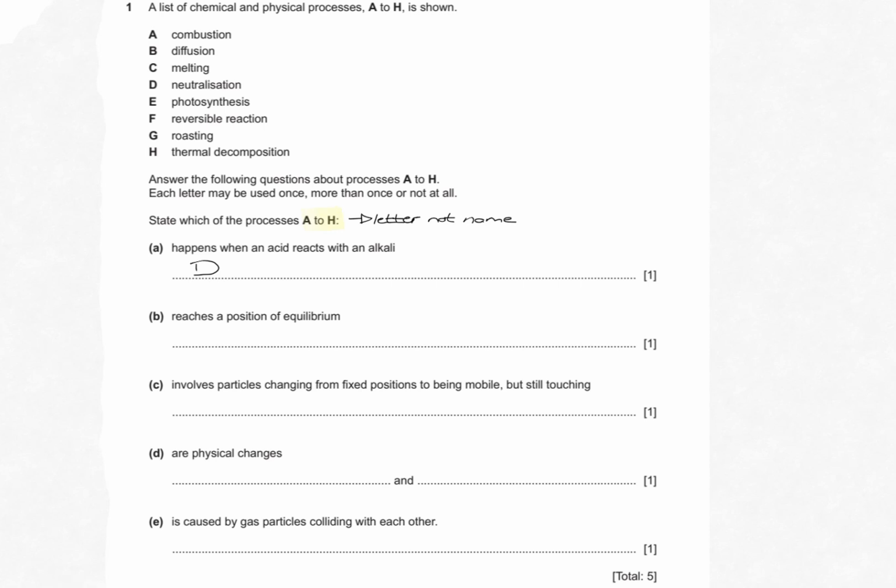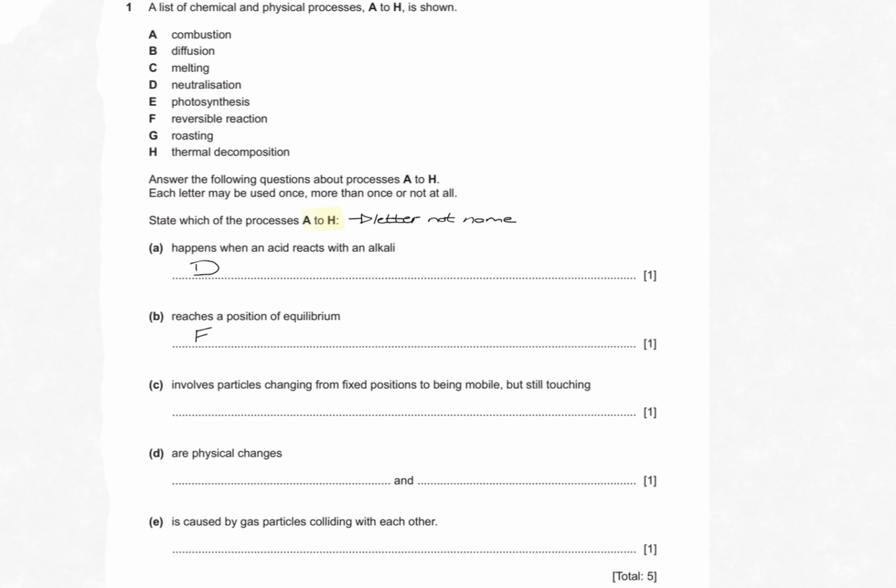Next, they ask, which one of these processes reaches a position of equilibrium? Now the only process that can reach an equilibrium is a process that can have both the forward and the reverse reaction. So this would be a reversible reaction, or F. Then they ask which one involves particles changing from a fixed position to being mobile but still touching.